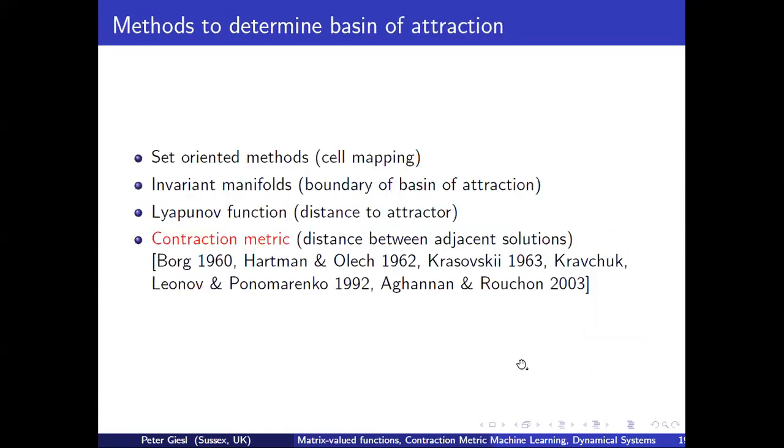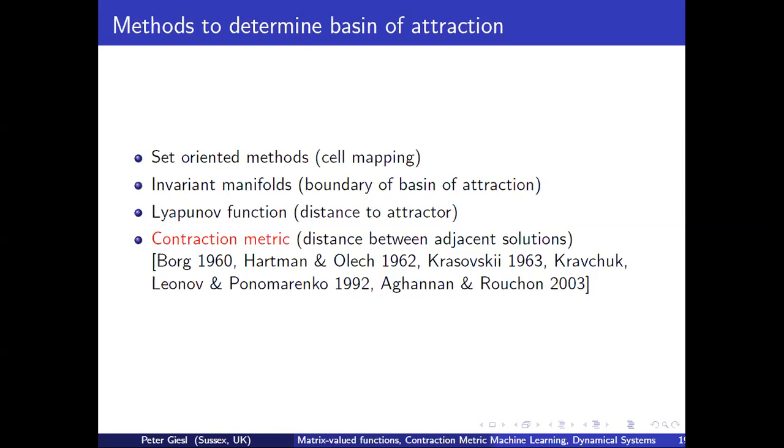Methods to do that are, well, there are plenty. One is dividing the phase space into cells, and then looking at the mapping between these different cells and working out where cells are mapped, and that's a powerful method to find basins of attraction. You could look at the boundary of basins of attraction, which would be invariant manifolds, and detect those.